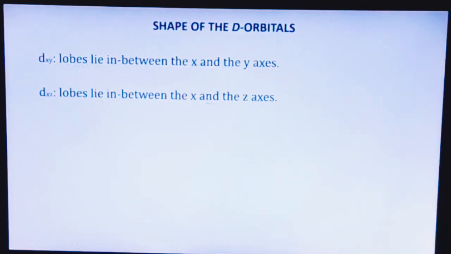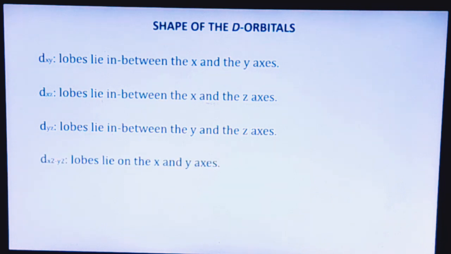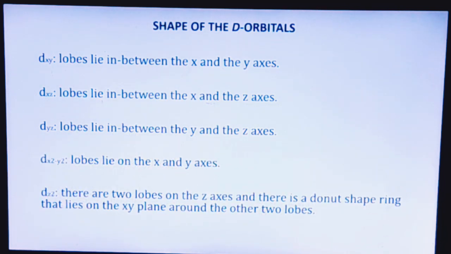Now let's look at the shape of the d orbitals. We have 5 d orbitals. We have the dxy, which lies in between the x and the y axis. Then the dxz loops lie in between the x and the z axis, and the dyz loops also lie in between the y and the z axis.